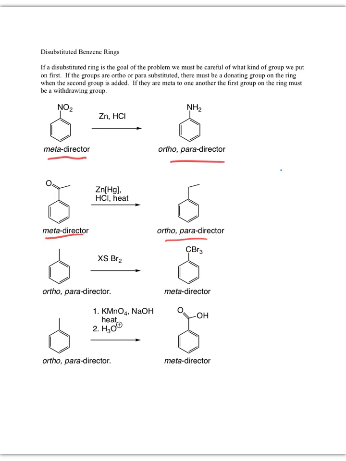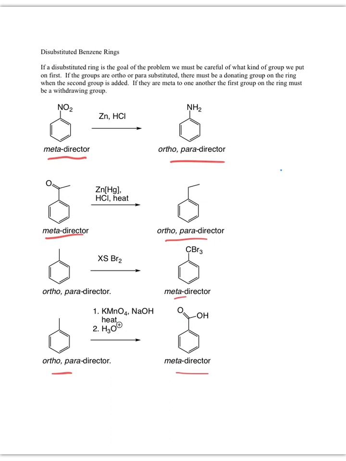We can turn toluene, an OP director, into a metadirector by overbrominating the carbon, making CBr3 off of it. Or we can take an OP director of toluene or any alkane and make the carboxylic acid by oxidizing it with KMnO4 or sodium hydroxide and heat, followed by acid to protonate the OH.